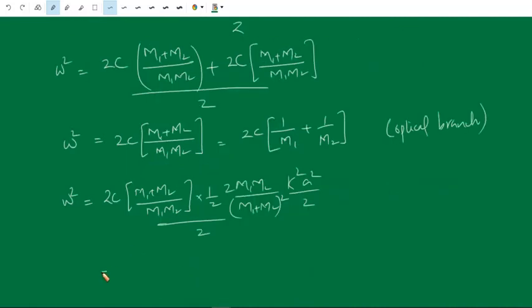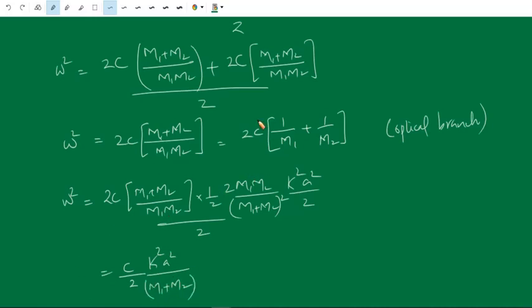So this is c by 2. m1 plus m2 whole square is there, m1 m2 get cancelled. So finally k square a square divided by m1 plus m2.